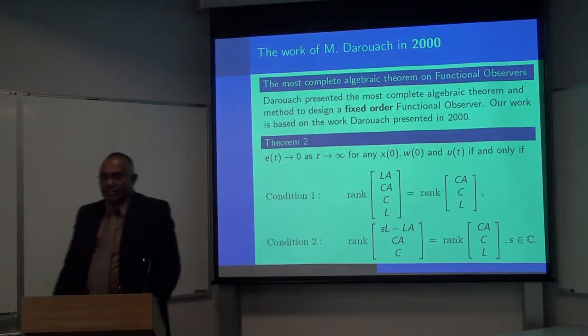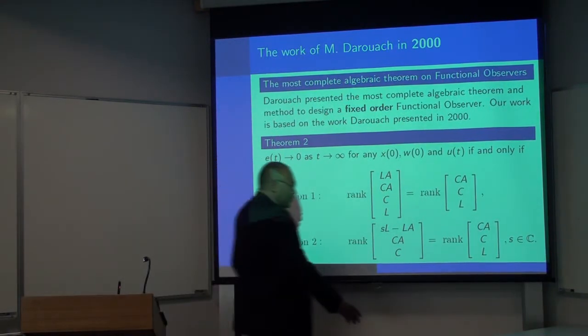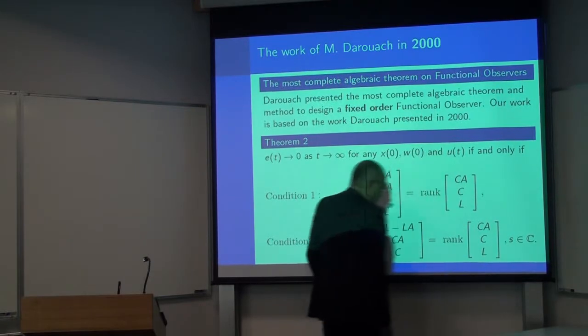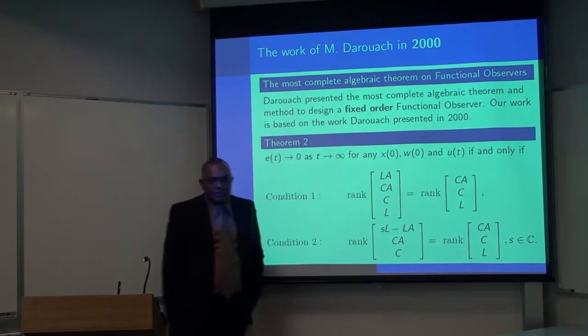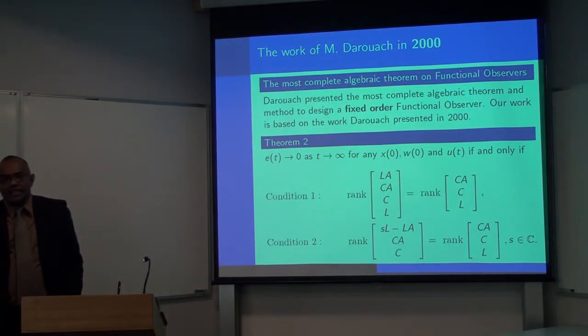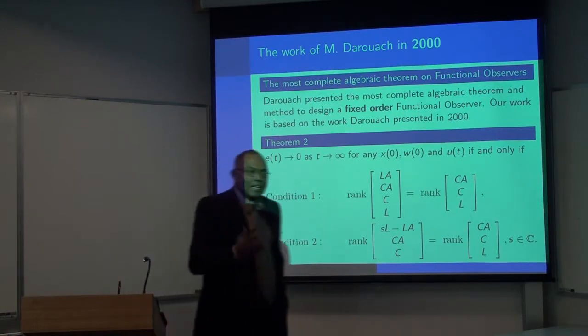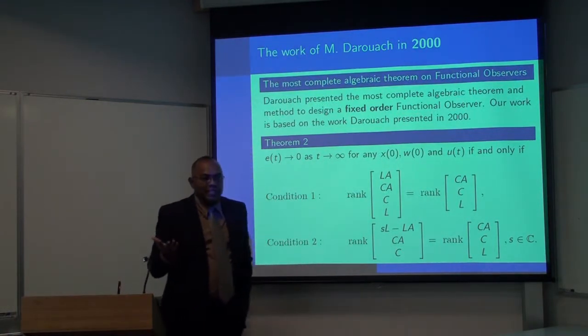That is the only way that can happen. So at some specific values of S in the complex plane, the rank on the left-hand side will be less. Think of the rank of SI minus A, C. We want that equal to N for all S in the complex plane. That's the state observability condition.